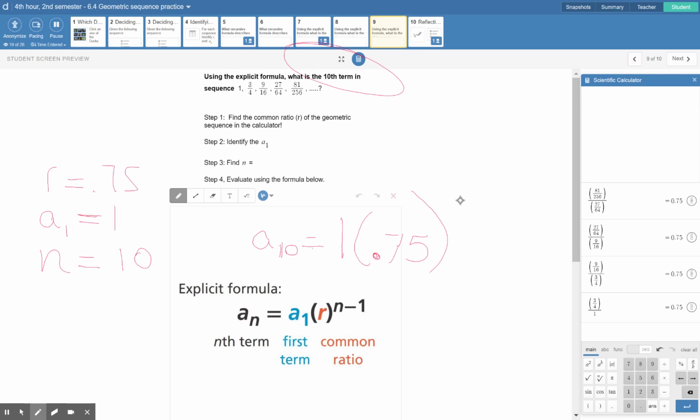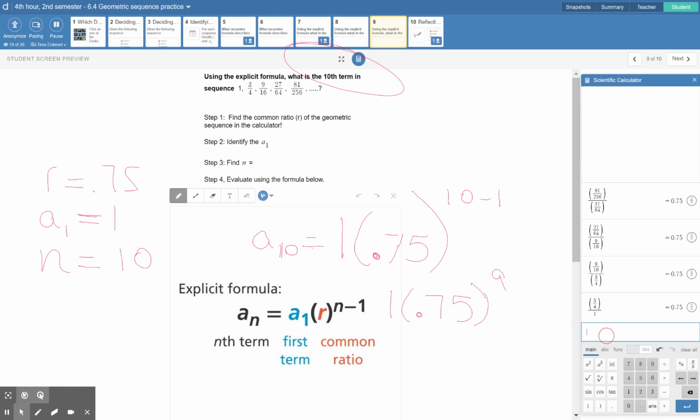And we know that we have to minus 1 in the exponent from 10. So 10 minus 1 gets you 9. So this is what's going to go into the calculator. Biggest mistake, students don't minus that 1. That is how you find the term that you're looking for.